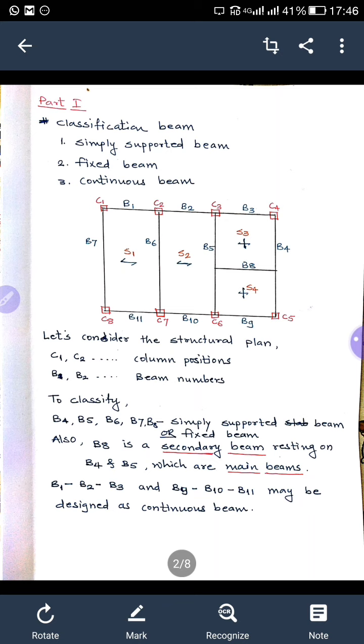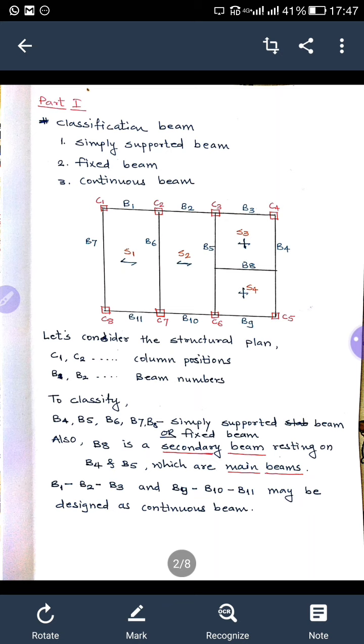B1, B2, B3 etc. are the beam numbers. S1, S2, S3, S4 are slab numbers. So this is our structural plan. As we can see the position of reinforcement, S1, S2 are one-way slabs, S3, S4 are two-way slabs.